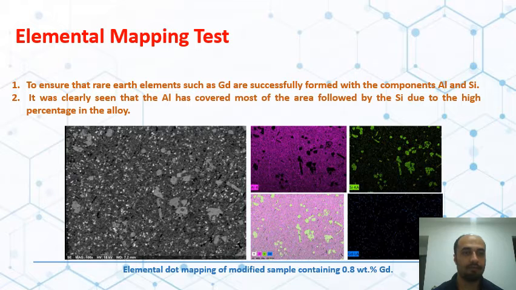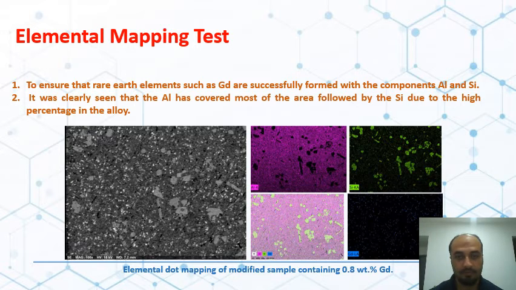Here we have the elemental mapping test. Why did we do this test? To ensure that the rare earth successfully formed with the components aluminium and silicon. Here we see the pink element for aluminium and green for silicon.